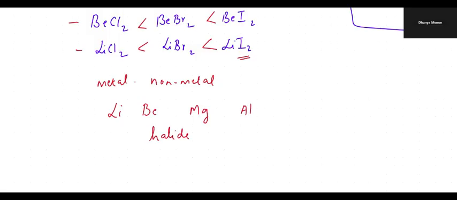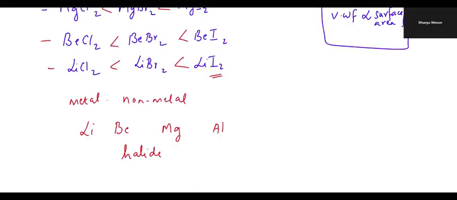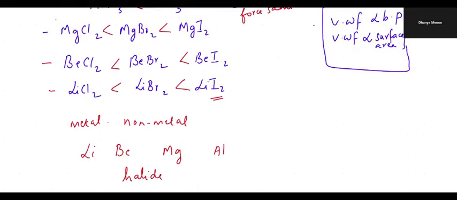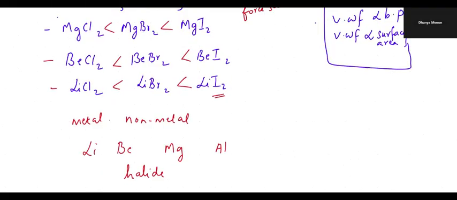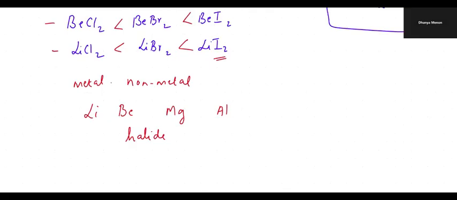Okay, so if you come across halides of these metals, we take the van der Waals force as directly proportional to polarity. Polarity means difference in electronegativities.